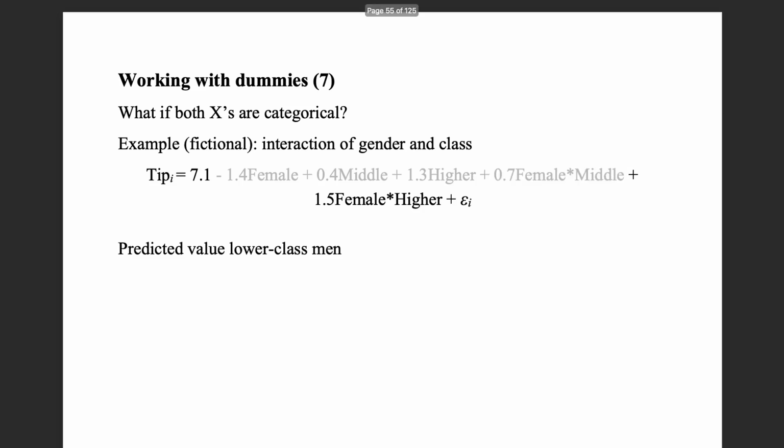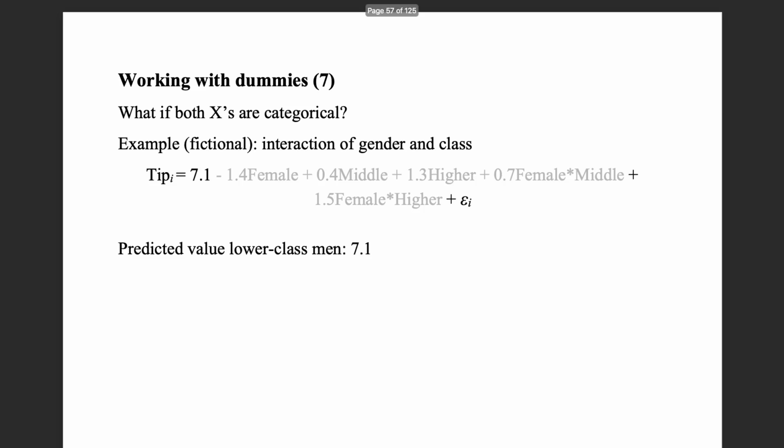The interaction term for female times middle class would also drop out of the equation because these cases would score a 0 on both the female dummy as well as on the middle class dummy because they are neither. So also this would drop out of the equation, and the same thing is also true for the last interaction term, so this 1.5 times female times higher class, because again these cases would score the value 0 on these female and higher class dummy variables, so that would be multiplied by 0 and would therefore also drop out of the equation.